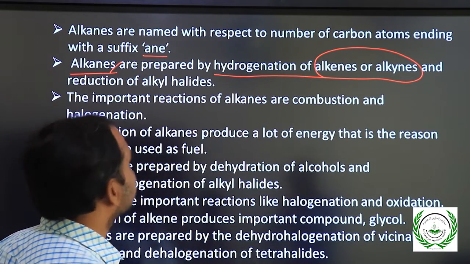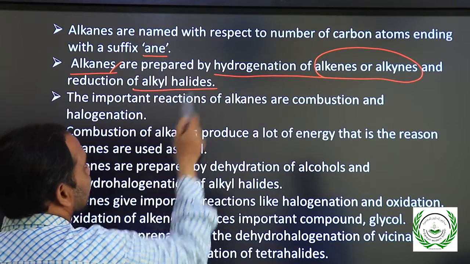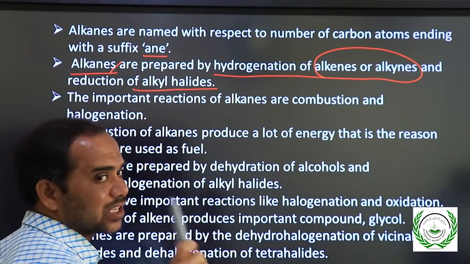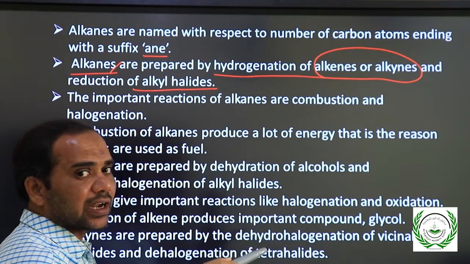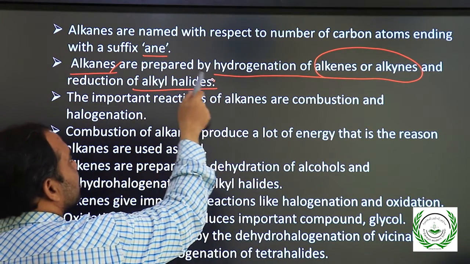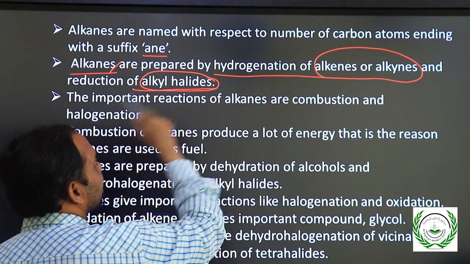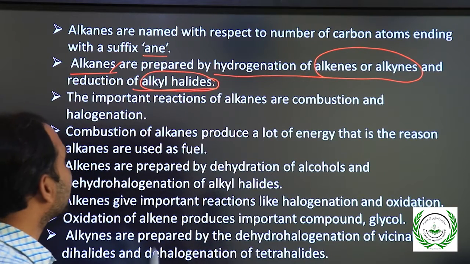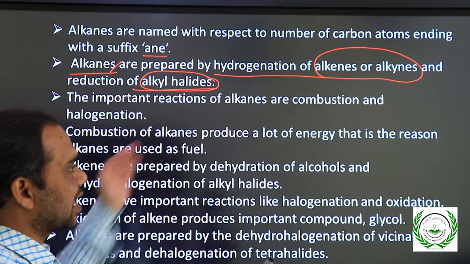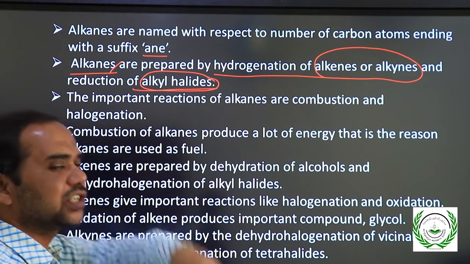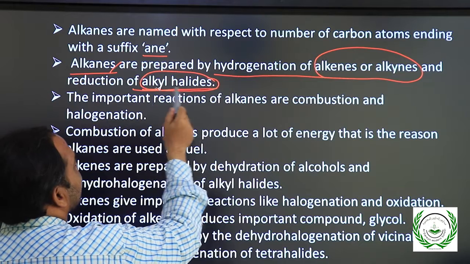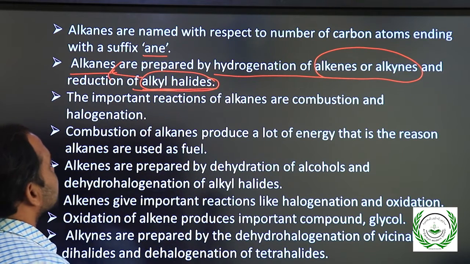Another method is reduction of alkyl halides. In an alkyl halide, one hydrogen is replaced, and a halogen atom is fixed in its place. Reduction of alkyl halide means removing the halogen and adding hydrogen. So we can say addition of hydrogen is reduction. So reduction of alkyl halides also forms alkanes.